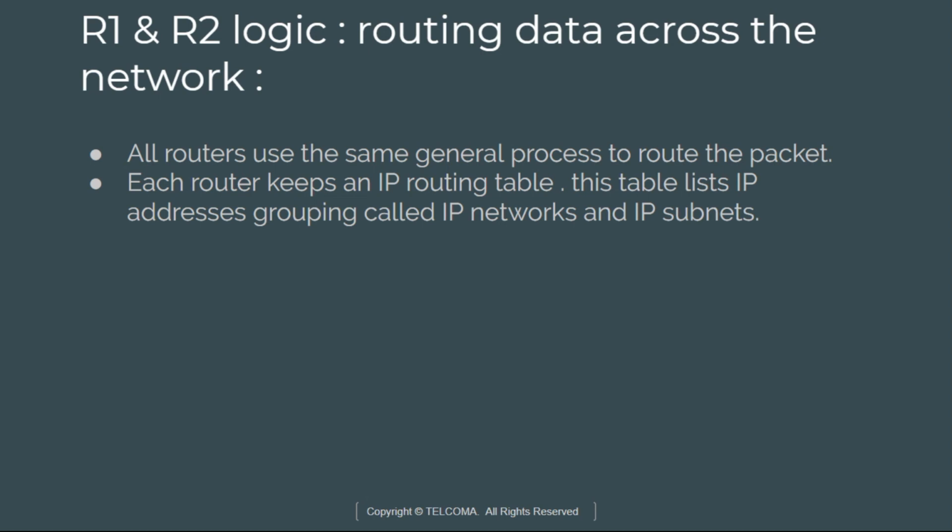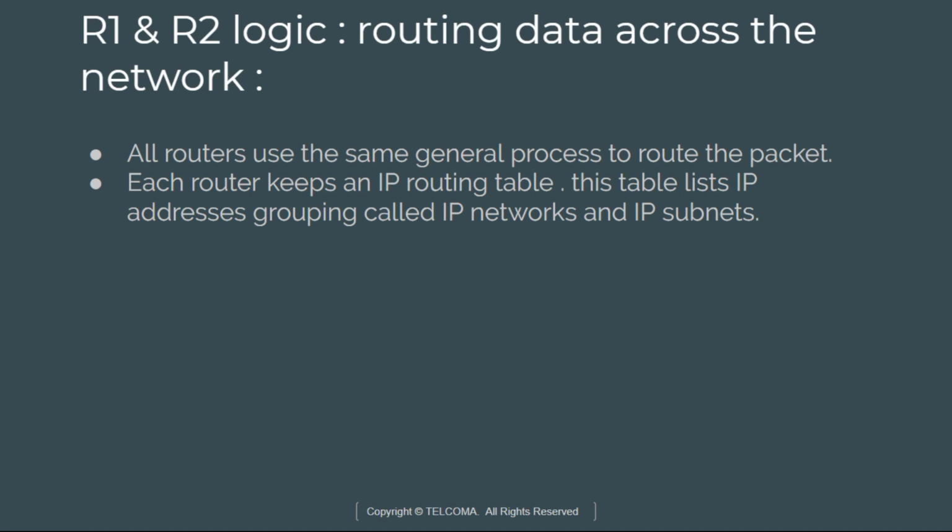All routers use the same general process to route the packet. Each router keeps an IP routing table. This table lists IP address groupings, which are known as IP networks or IP subnets. When a router receives a packet, it compares the packet's destination address with the entries in the routing table and finds a match.